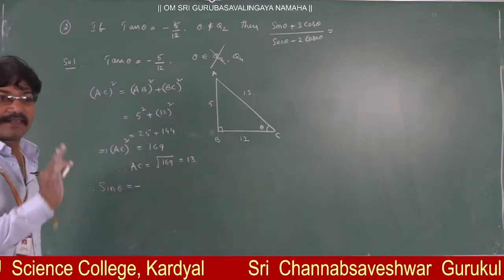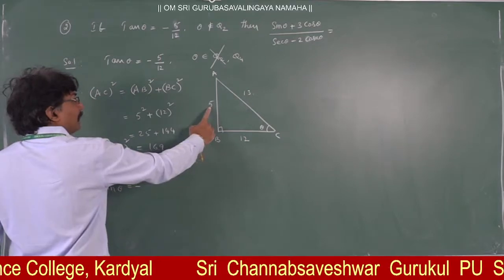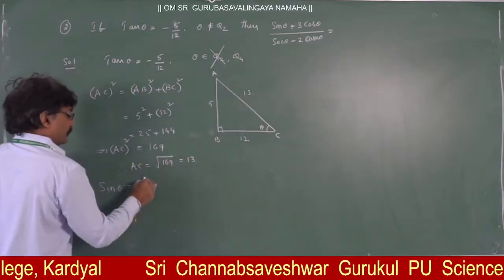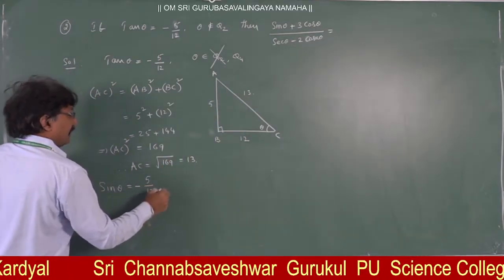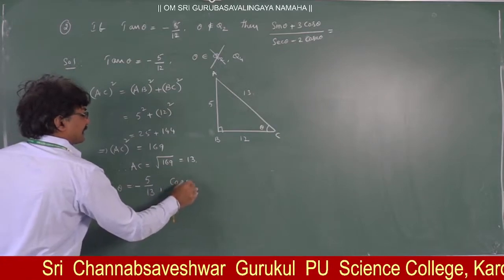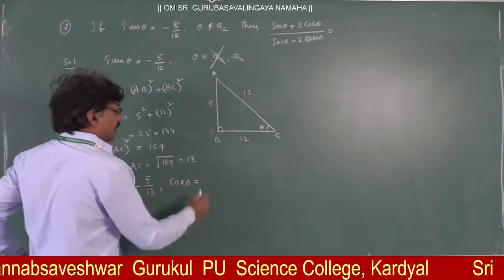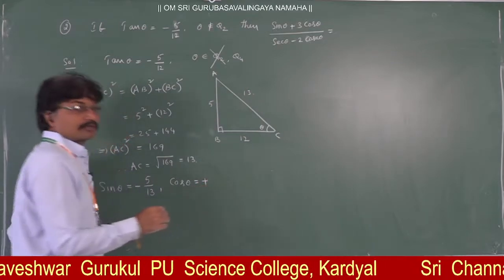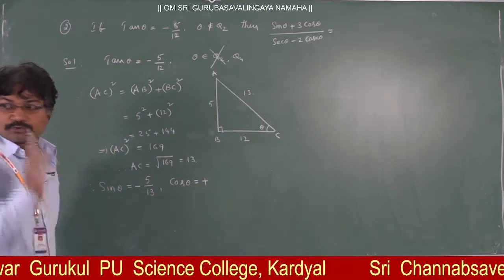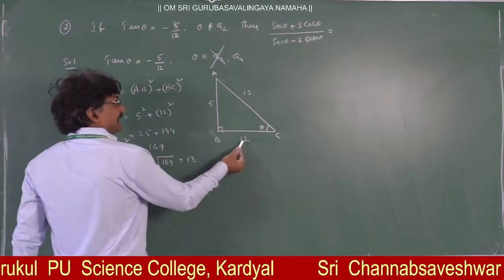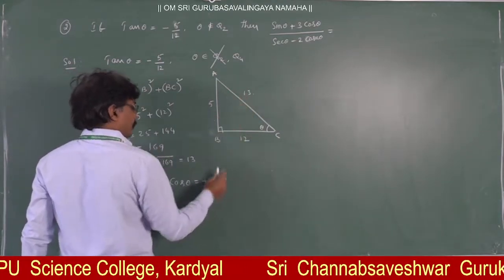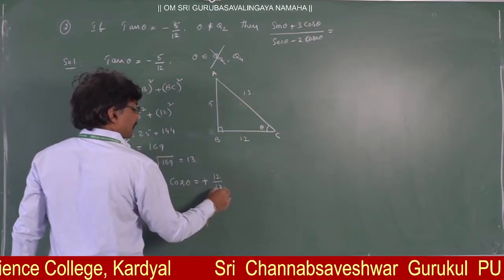First the symbol. Sin formula, opposite side by hypotenuse, 5 by 13. Next, cos theta. Theta belongs to the fourth quadrant. In the fourth quadrant, cos is positive. Cos formula, adjacent side by hypotenuse. That means 12 by 13.